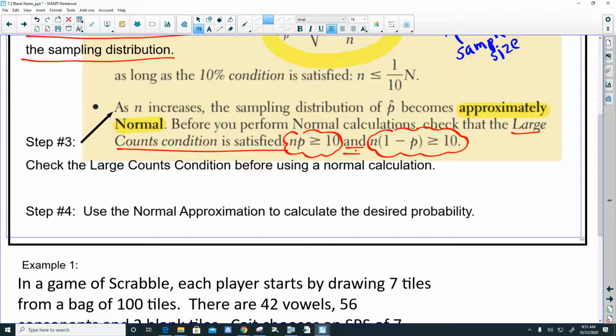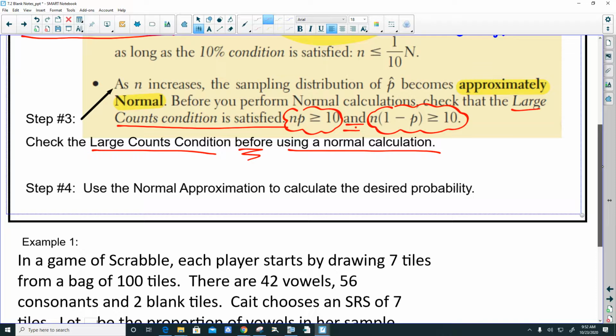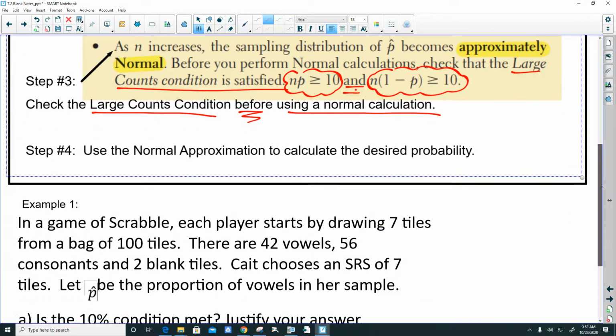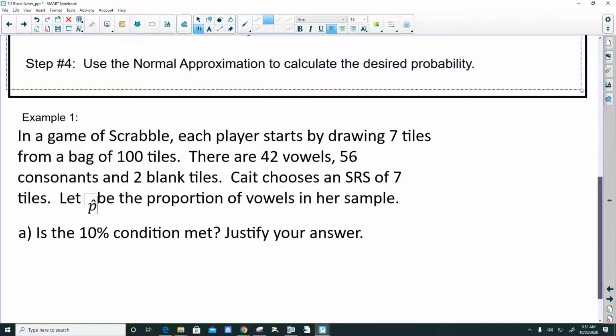You have to check that condition before you would use any normal CDF feature at all on your calculator. And once you have found the center and the spread and the shape from those first 3 steps, you then could move to step 4, which is where you would use normal CDF to calculate whatever the desired probability is for that particular problem.